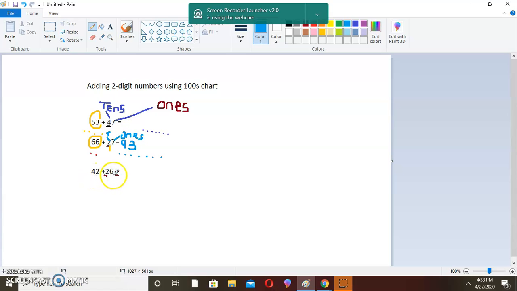42 plus 26. Remember what I said? This number, we first put 42 in our head, then we start with the tens first. So the tens is 2 tens. So if you have 2 tens, you put 2 tens in your fingers. 42 in my head and 20 in my fingers. So let's say 40 in my head, 20 in my fingers. 40, 50, 60, which means you have 62.